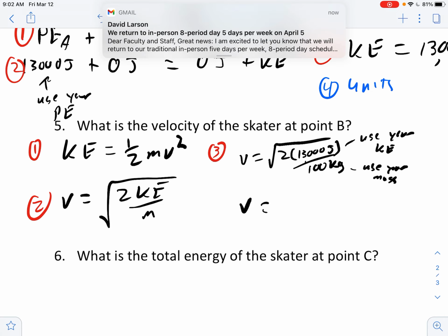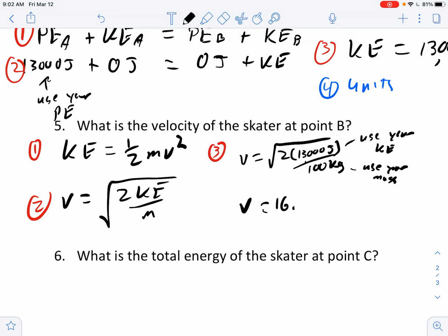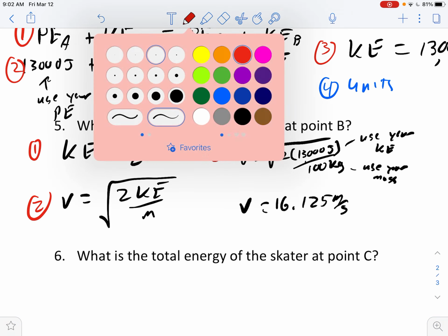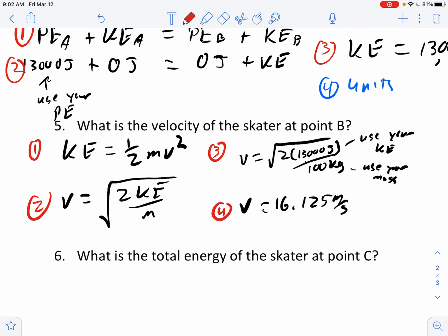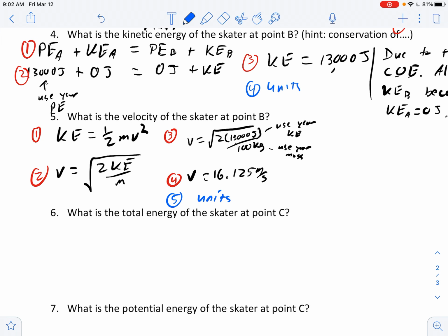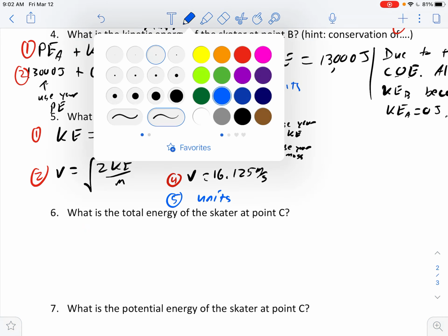I get a velocity of 16.125 meters per second. And of course, don't forget, always units. Number 5 would be worth more points than the previous because of that extra manipulation to get the velocity. All right, number 6: the total energy of the skater at point C. This total energy, oops, let me keep consistent here.